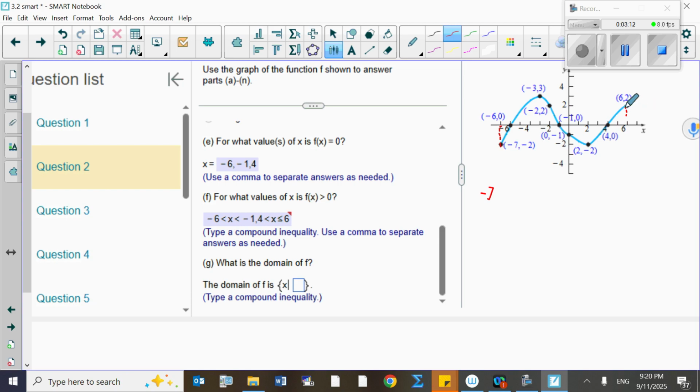The last point which is covered is x equal to 6. So x is between these values. However, I'm going to put an equal sign here because the point -7 itself is part of the graph. It's covered. I have a closed circle at this point. So those are parts of the graph.